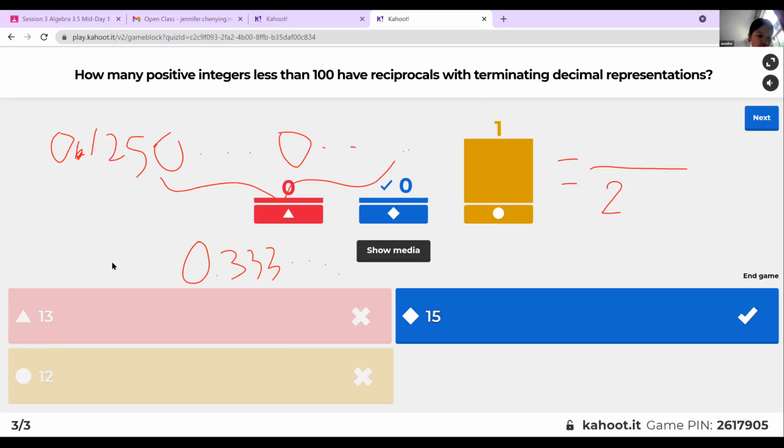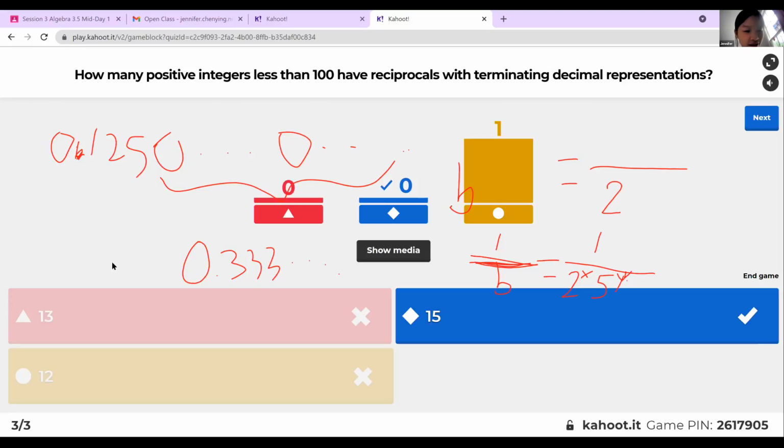Therefore, if we want to find such a positive integer that has a terminating decimal representation, let's say b, then the fraction is 1 over b, which has to be 1 over 2 to the power of x times 5 to the power of y.